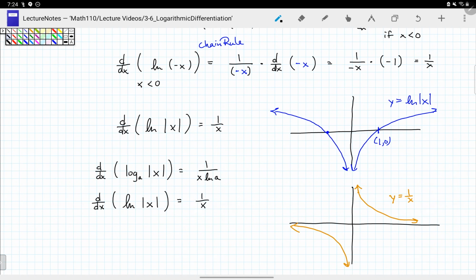And this contains in it also the fact that if you don't have that absolute value, then you're just looking at the derivative of the function where x is restricted to be positive numbers, and the derivative is going to be the same, but that derivative is going to have only positive number outputs.